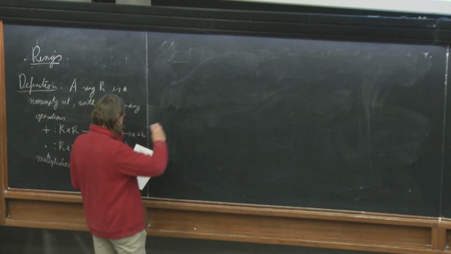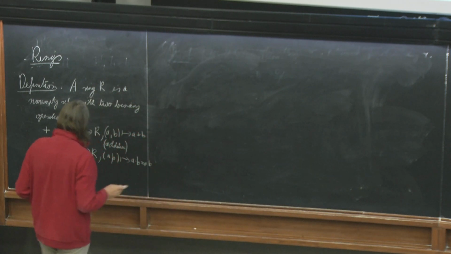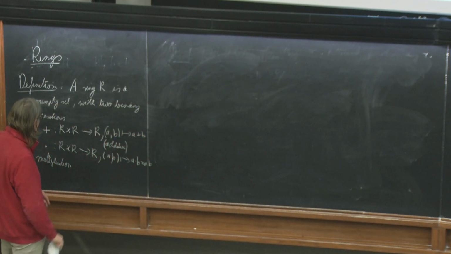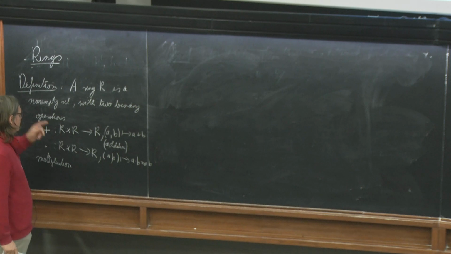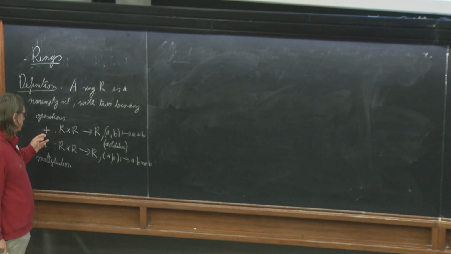The first one, so first we have one more thing. We have one distinguished element. Then we want R, with addition, to be a group, actually a commutative group.